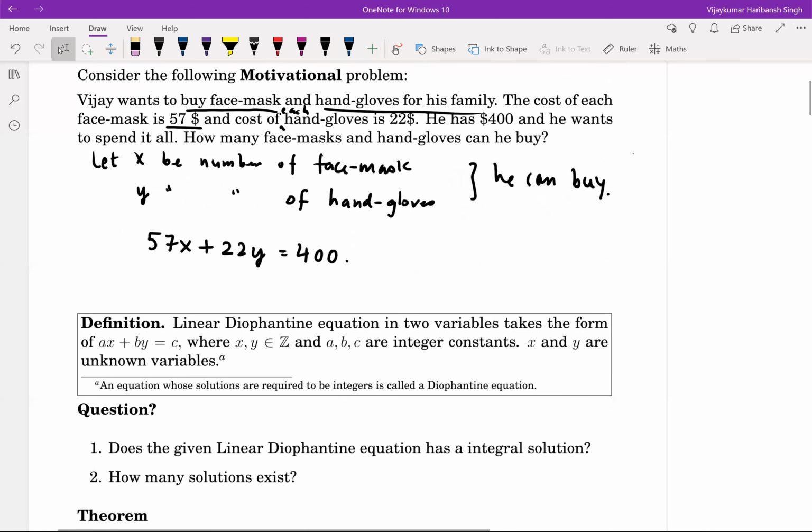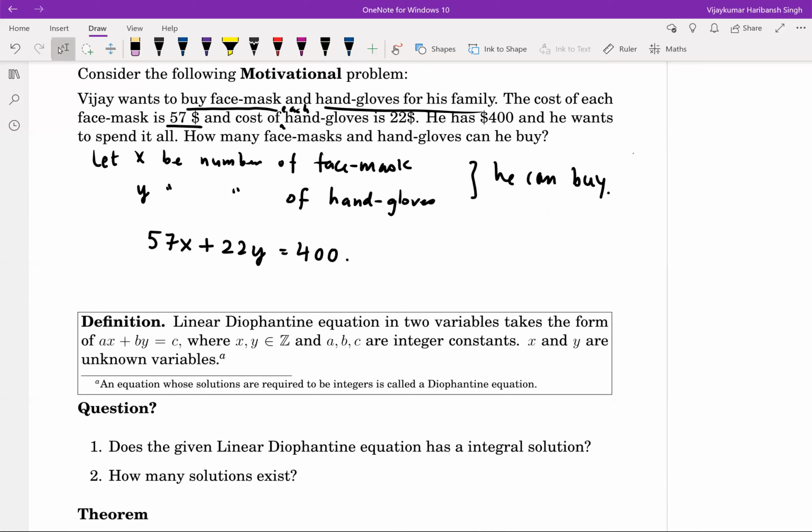A Diophantine equation is an equation where you require the solutions to be integers.